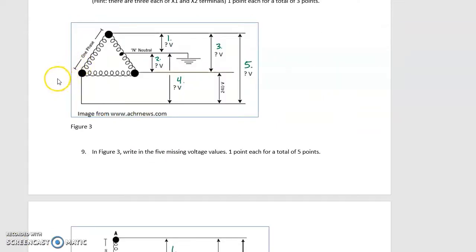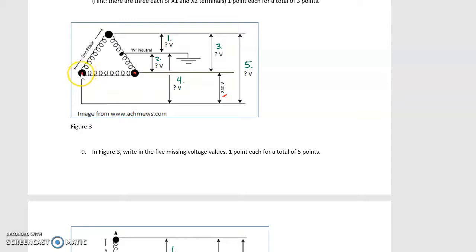For number 9, we have a delta connection here, and we need to write in the voltage values. We're given one right here, this 240 volts. So from point to point is 240 volts.